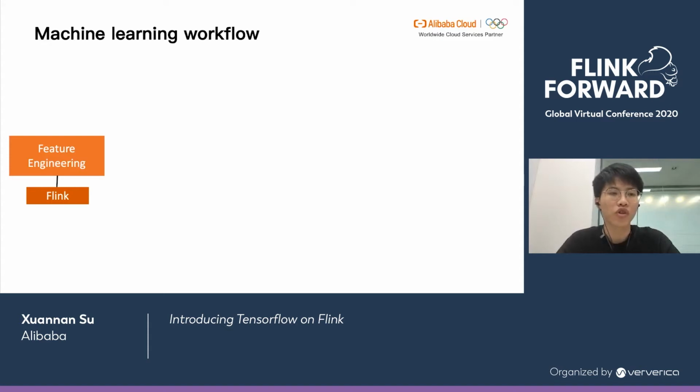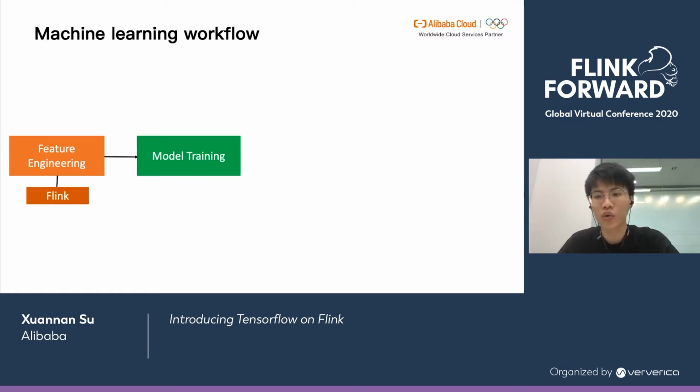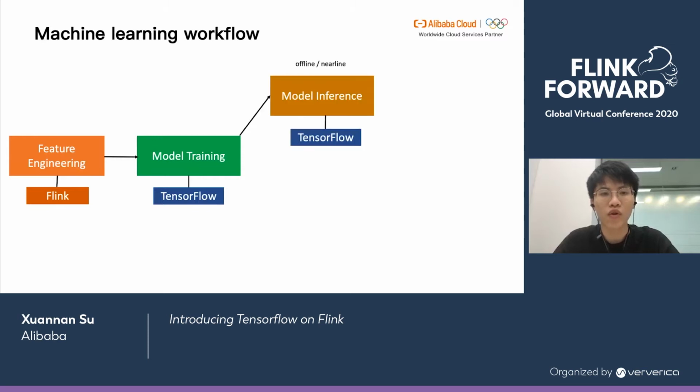After we have the well-structured data, we need to train a machine learning model. This part is typically done with the help of TensorFlow. TensorFlow provides the rich library to help developers to build and train a machine learning model easily. And after the training, the trained model can be used for offline inference or nearline inference.